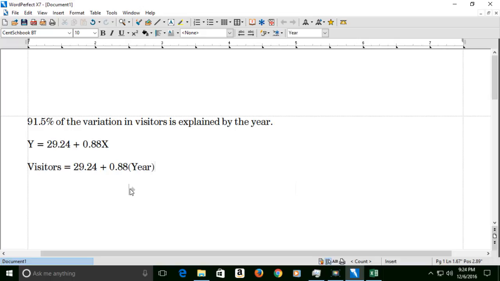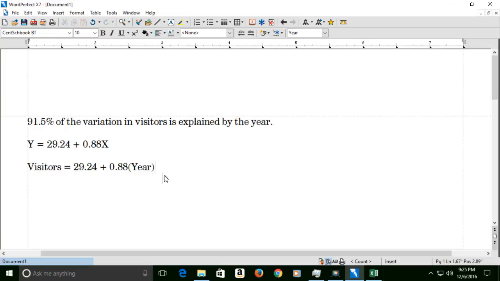Okay? What's that mean? Well, it's got one really important thing right here, that's 0.88. That means each year we expect the number of tourists to go up by 0.88. And since this is in millions, we expect the number of tourists to go up every year by 880,000.